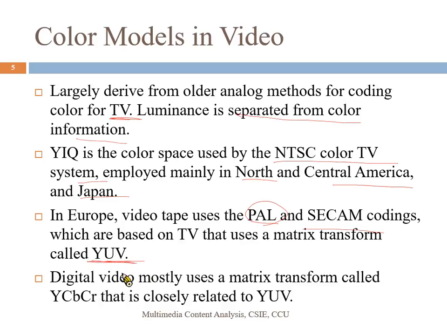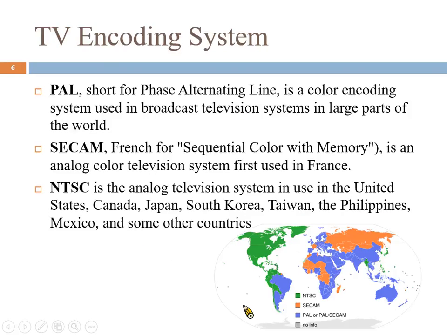Digital video mostly uses a matrix transformation called YCbCr, and YCbCr is closely related to YUV. So we can see several variations of the color model used in storing color information in videos.